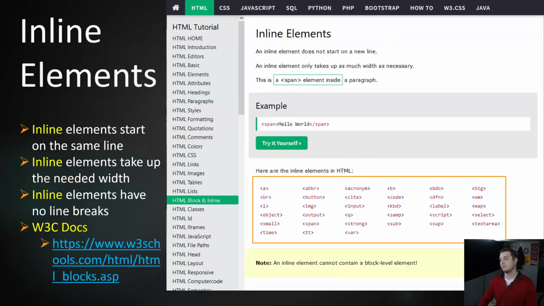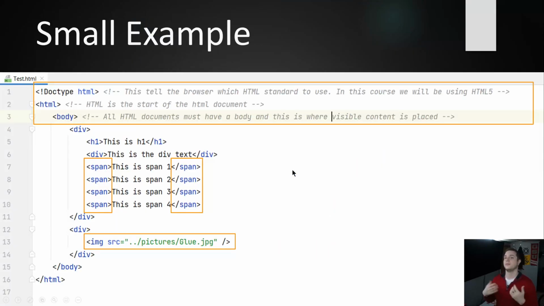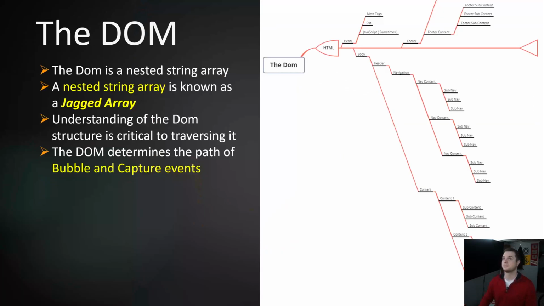So if we come back up here to our example, we did exactly that with this picture here. Here's our image tag, source, and this is the file path that we were talking about earlier. We went up a directory, pictures, glue.jpg. Okay, so that's exactly how we accomplished that.